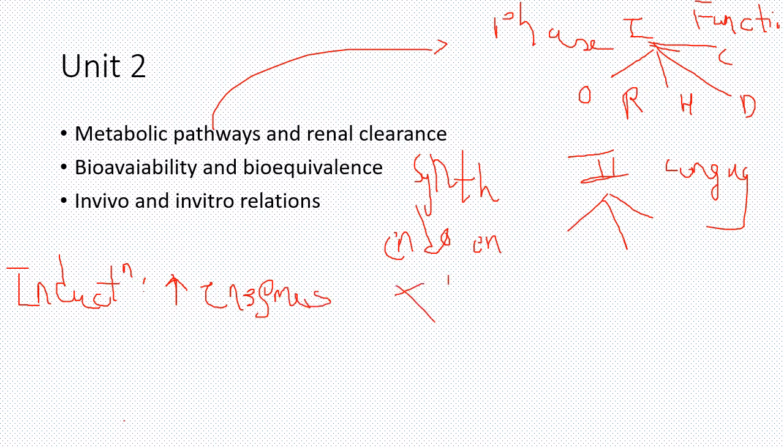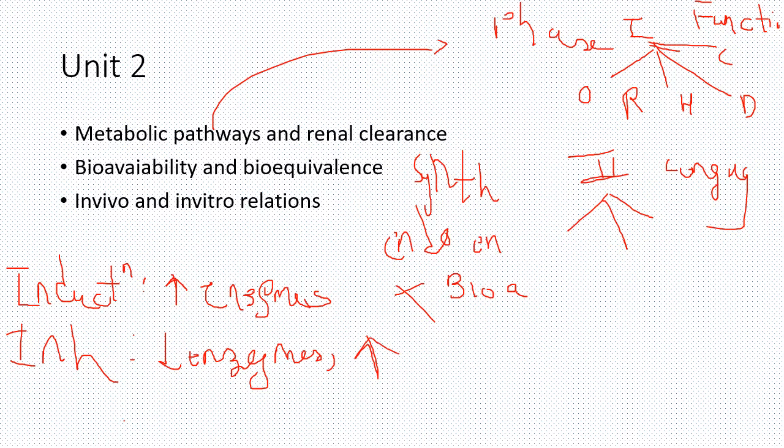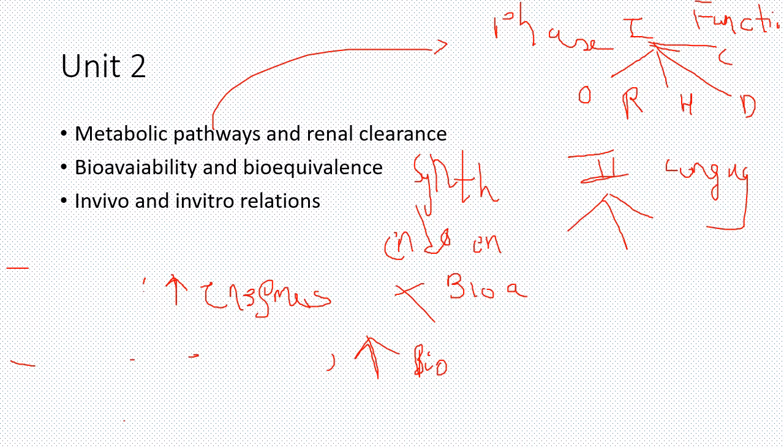So it decreases the bioavailability. Similarly, contradictory, there is enzyme inhibition, wherein the cytochrome enzymes are decreased, the level is decreased, and the bioavailability increases. So just remember enzyme induction and enzyme inhibition. And then there is a term called autoinduction, wherein it self-induces the metabolism of a drug.